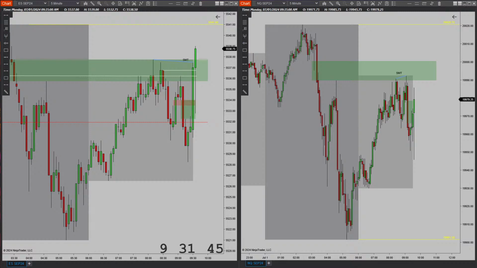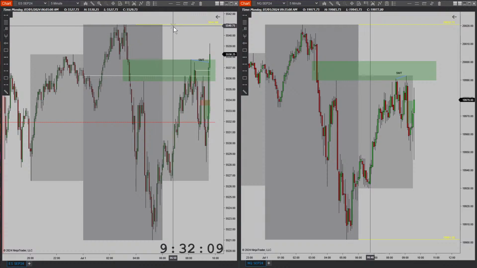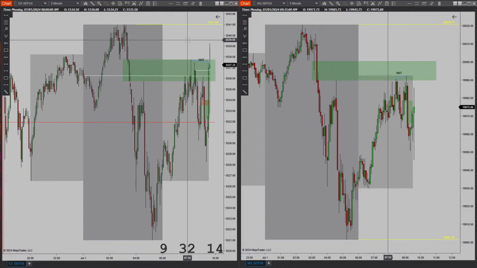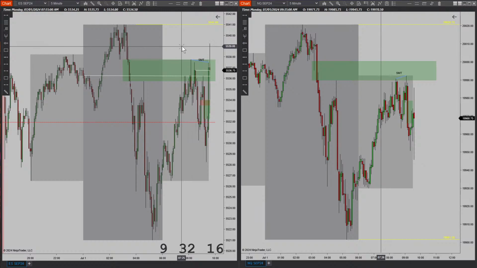All right, let's see here. Again, if this higher high holds, then I wouldn't expect this high to get taken. Okay. All right. Oh, there it is. Oh, perfect.